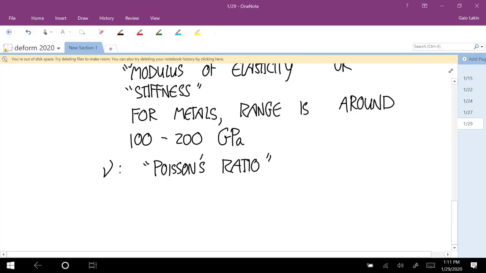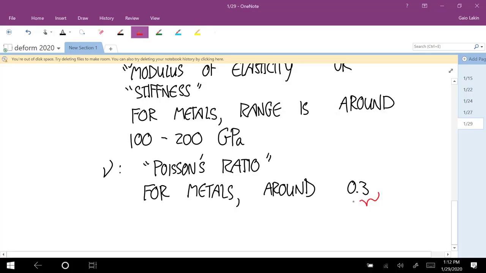And for metals, this has a value of usually somewhere around 0.3, and it's unitless.